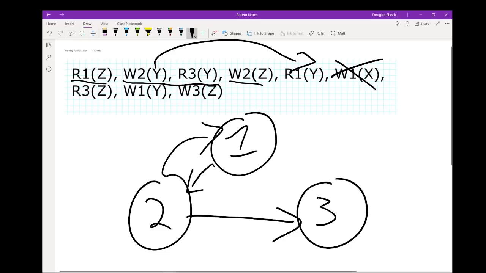R1, oh, the first one and the last one, right? 1 to 3. Unfortunately, we could have stopped a while ago because this is not conflict serializable. We've proven that. Because there is a cycle between transactions 1 and 2. There's a cycle. So this one is not conflict serializable. It's almost conflict serializable, but not quite.